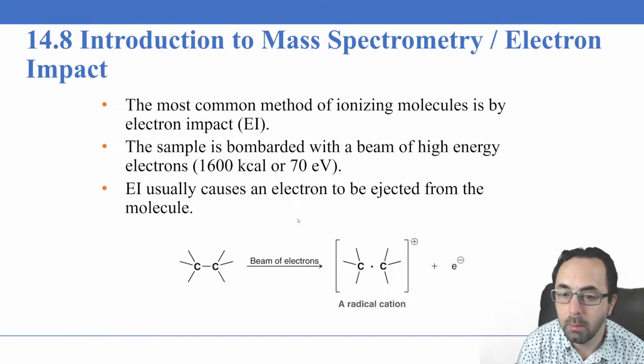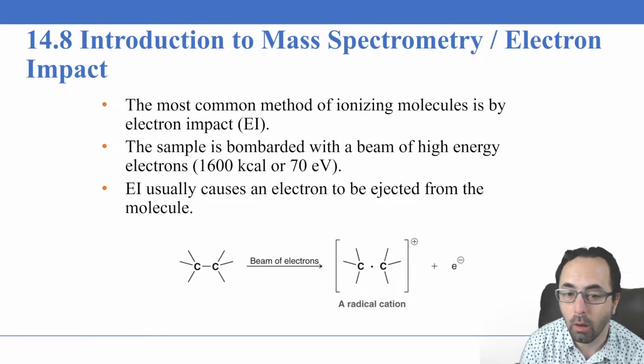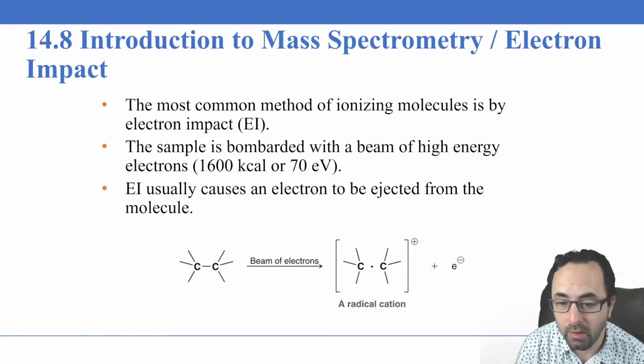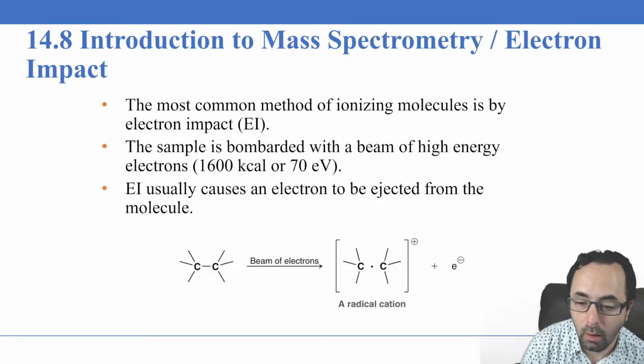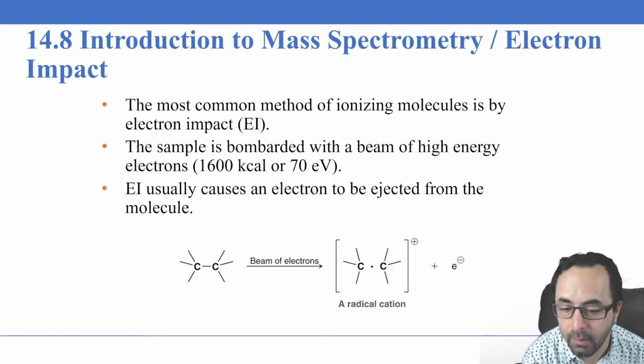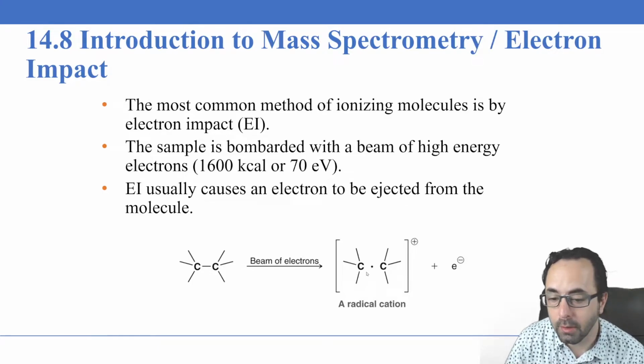The most common method of ionizing molecules is by so-called electron impact, and so the sample is bombarded with a beam of high-energy electrons. Those slam into the molecule and cause another electron to be knocked off, and so what you'll get is a so-called radical cation. What a radical means is that you have an uneven number of electrons, and this occurs because one of the electrons was knocked off.